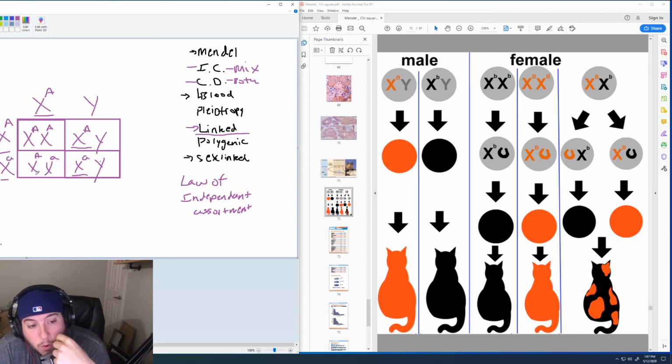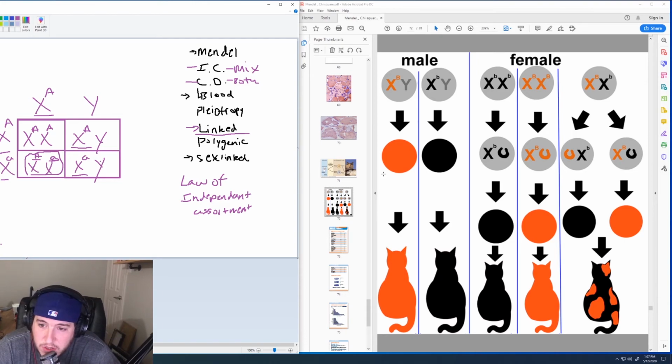But what we can have happen is this girl right here can be what's called a carrier, where she doesn't have the disorder because she has the dominant trait, but because she has the recessive trait, it's possible to pass that on to her kid. So if this woman marries a guy that has the recessive trait, now that changes her possibility of having a kid. It increases the possibility that they have a kid with that disorder.